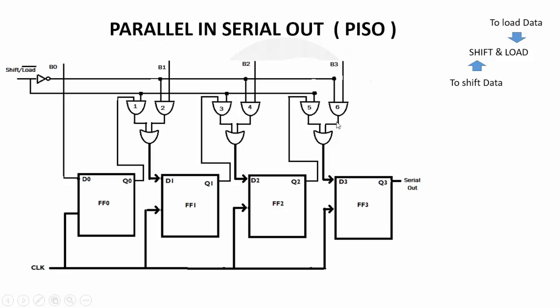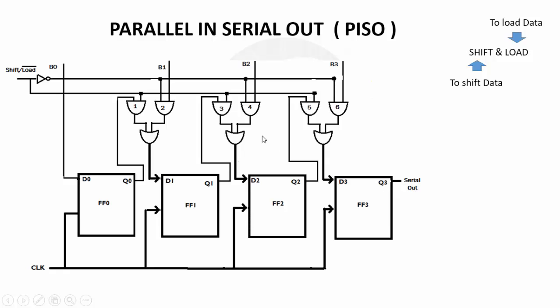Why is this combinational circuit required? Because the flip-flop has to work in two different modes. First is a shift mode and next is a load mode. In load mode, we load data to each flip-flop, and in shift mode, we shift data from each flip-flop to our output side.